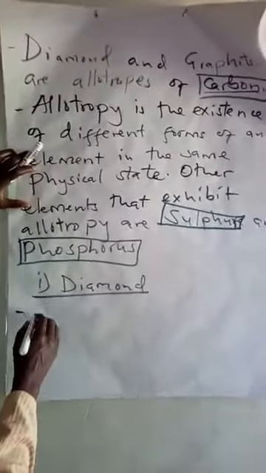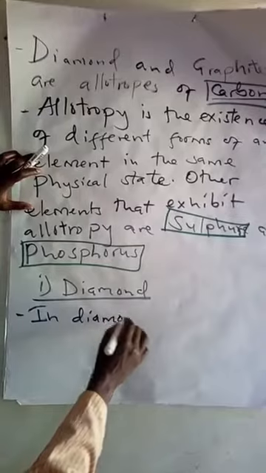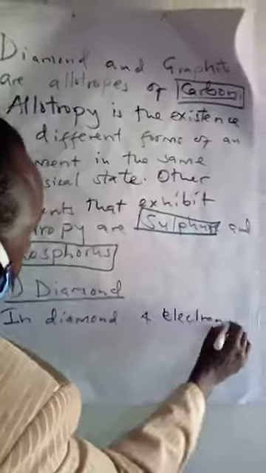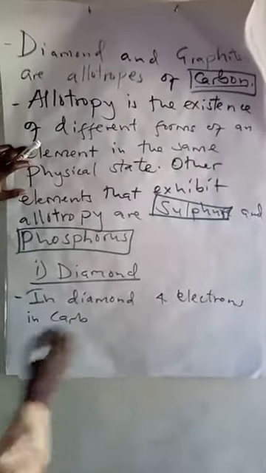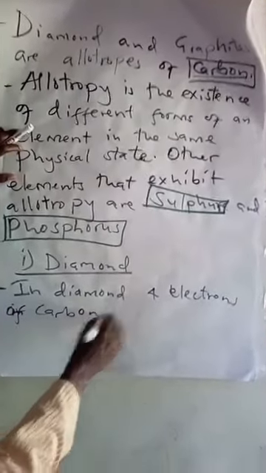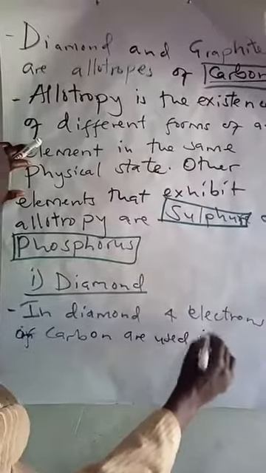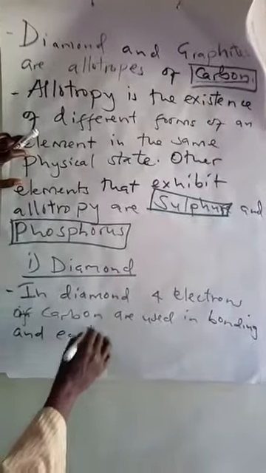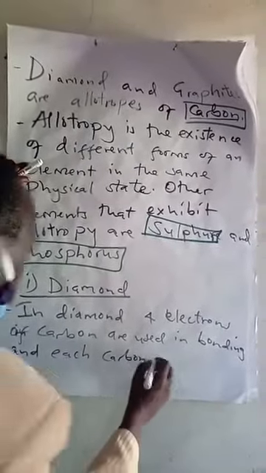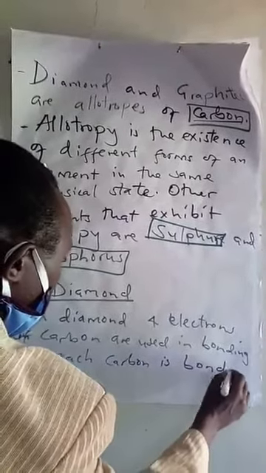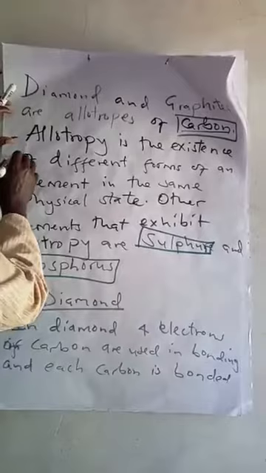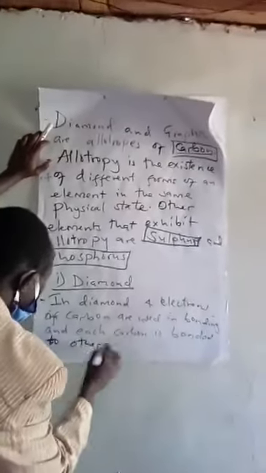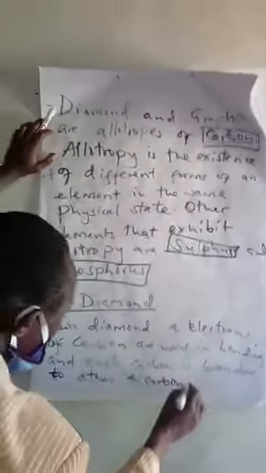Now in diamond, four electrons of carbon are used in bonding, and each carbon is bonded to four other carbons.